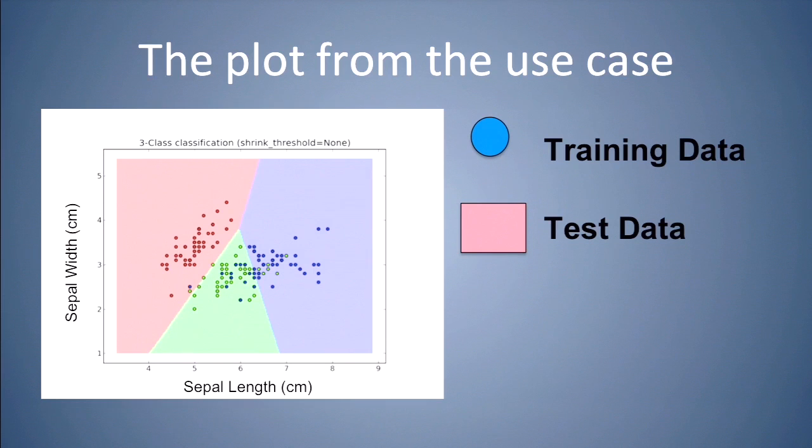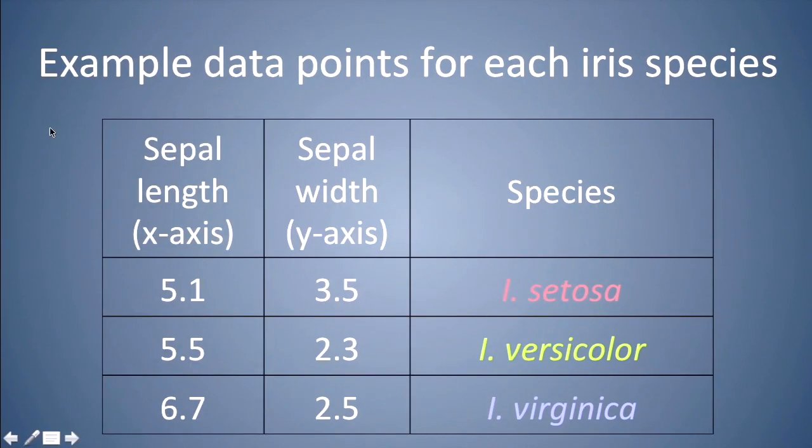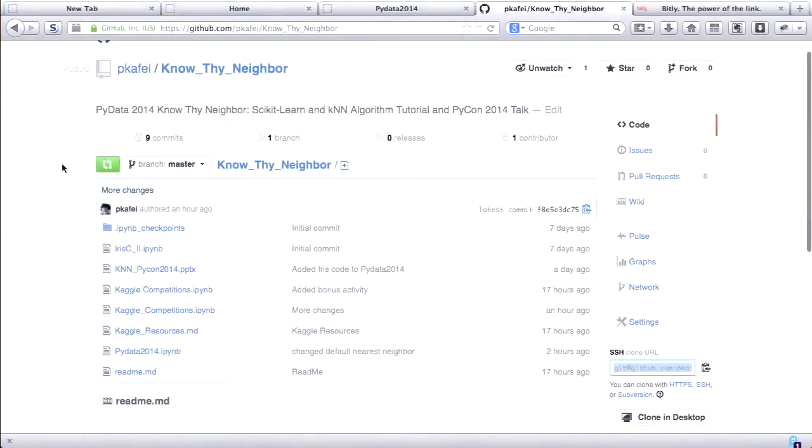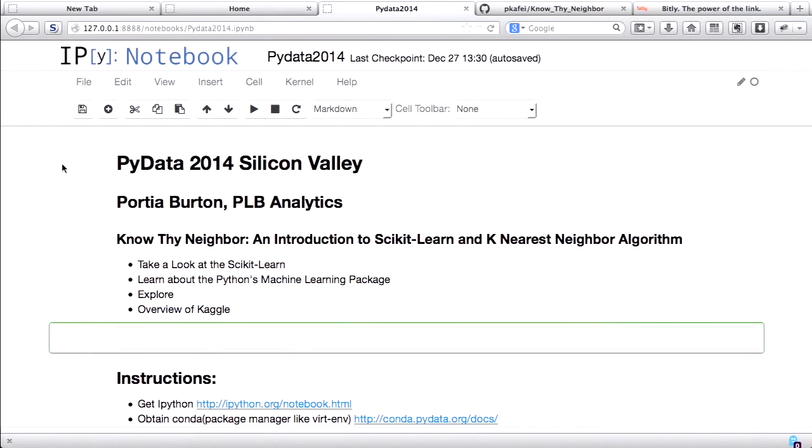And the pink, green, and lilac is where your decision lines are located. That's your test data. And these are the different types of irises that we have in our data set. At this point, we're going to go to IPython, to PyData 2014.